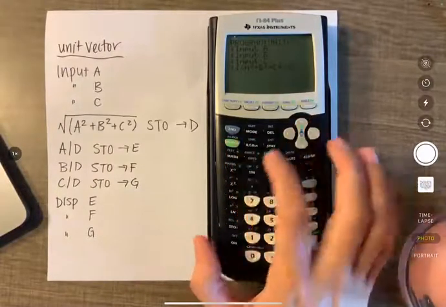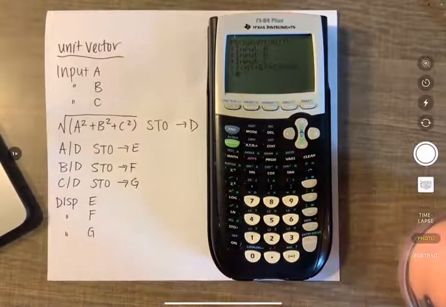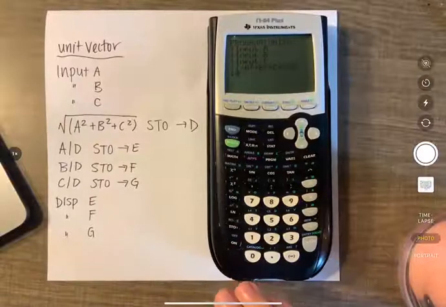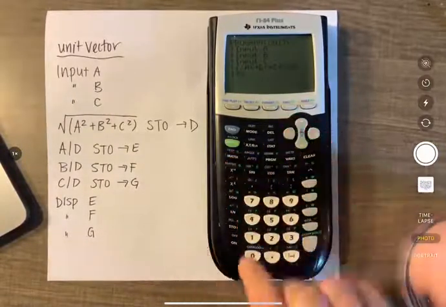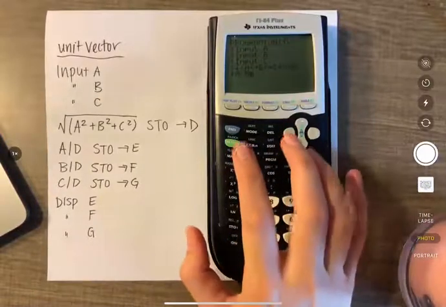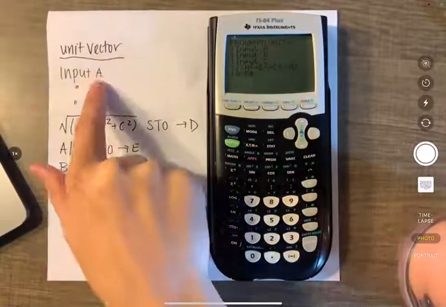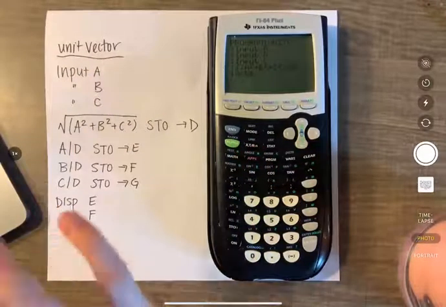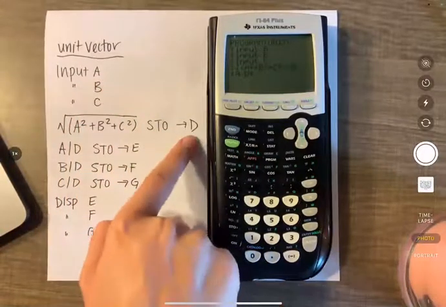And then we're going to save that as another letter. I'm going to go with D. So that's the magnitude of that vector, but we want the unit vector. So then what we have to do is redefine the individual components. The x component of the unit vector is going to be the original x component divided by the magnitude.